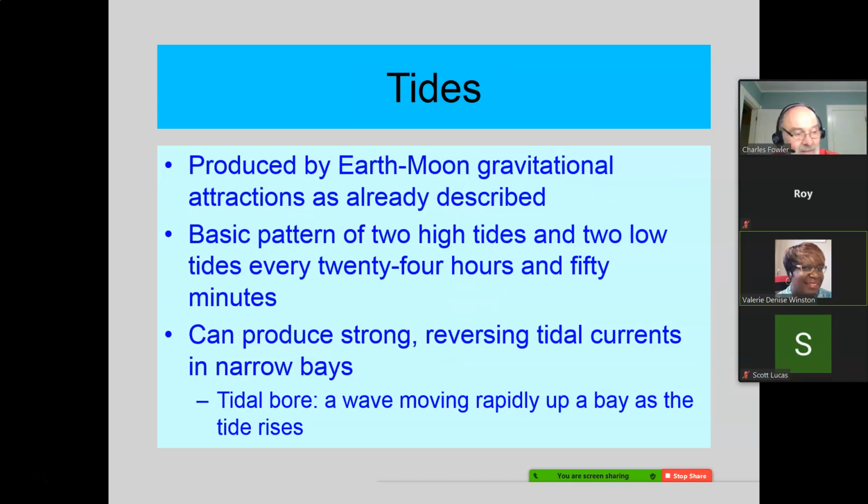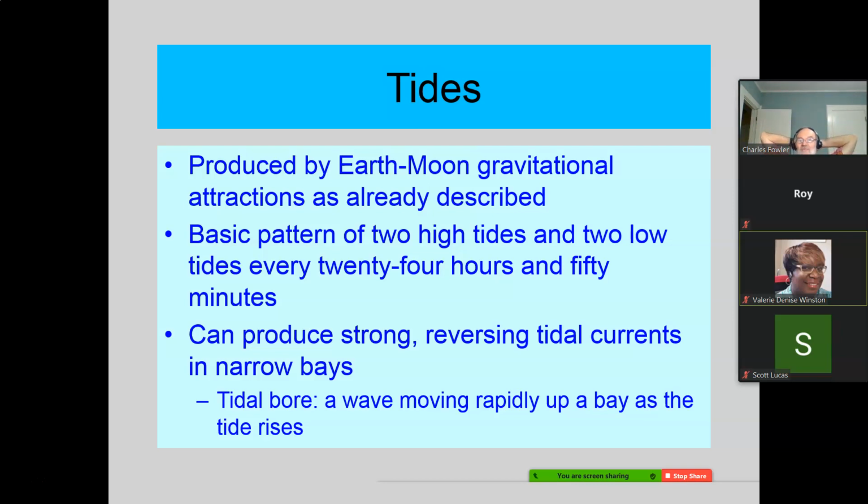Okay. Now, let's get back to another issue, and this is tides. Now again, this book talked about tides more in the moon chapter than they do in this chapter. I think they had this slide in both places, if I remember correctly, because it seems like we talked about them earlier.